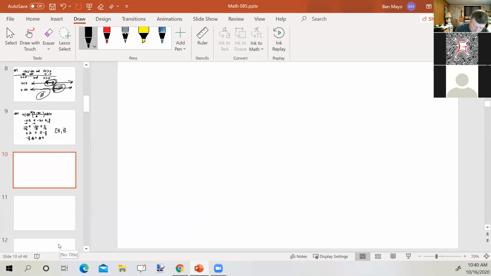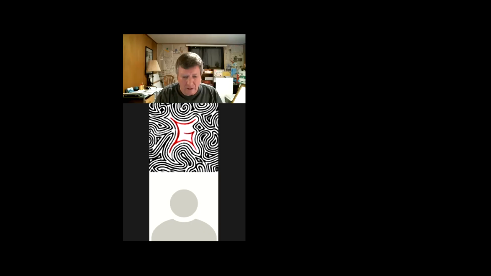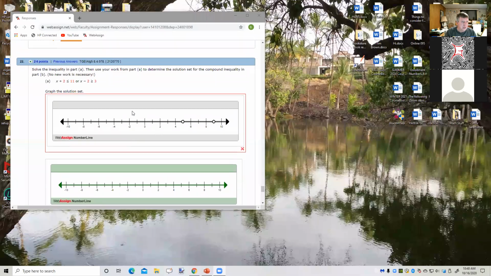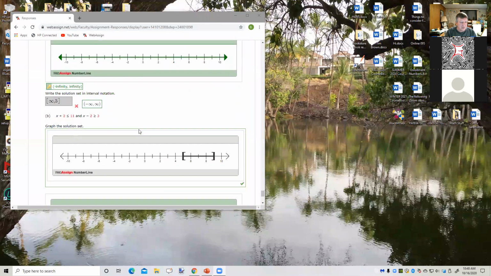All right, we're going to go on and we're going to look at 22A. It says, solve the inequality in part A, then use your work from part A to determine the solution set for the compound inequality in part B. No new work is necessary.